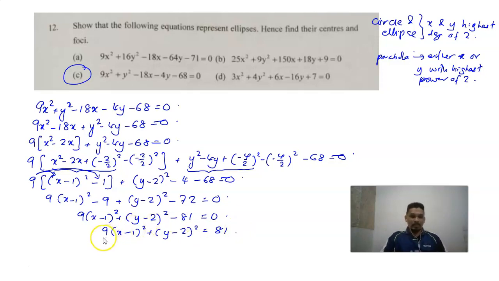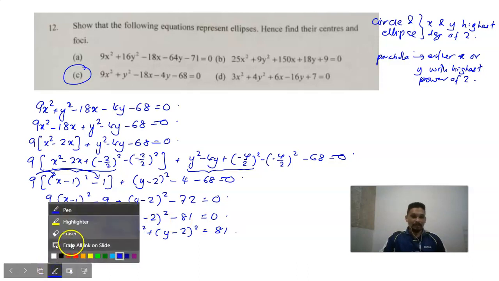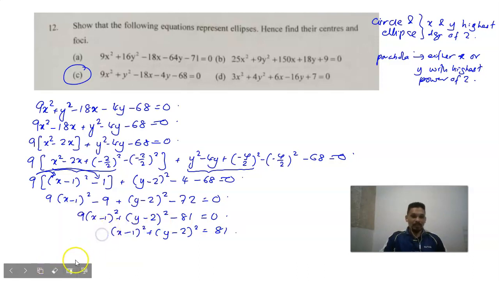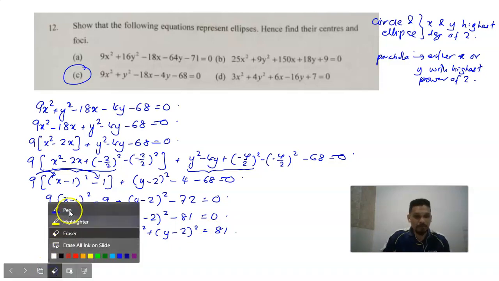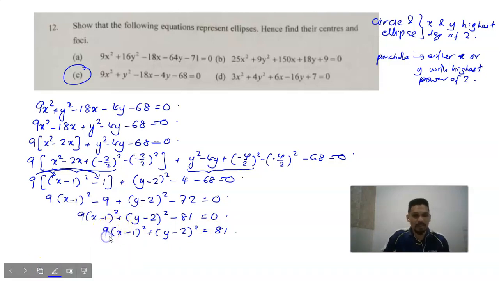Because without this 9, this is a standard equation of a circle: (x minus h) squared plus (y minus k) squared equal to r squared. R squared is 81, then r equal to 9. But for this question, we got 9 here.